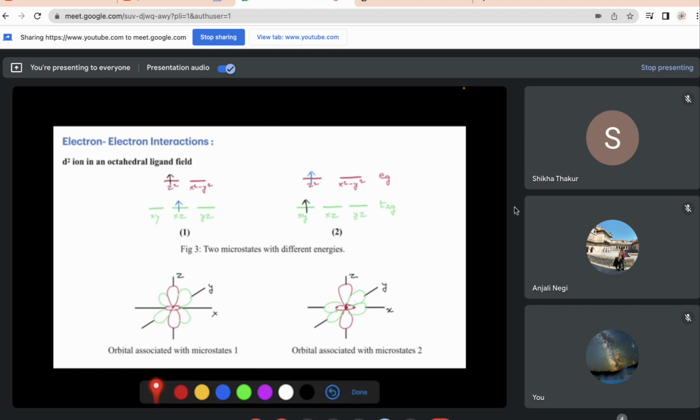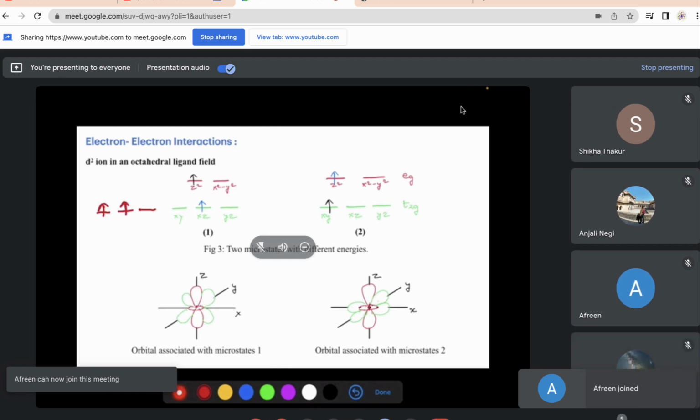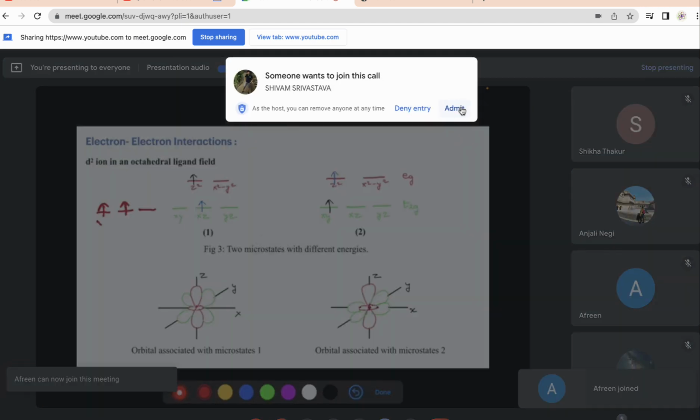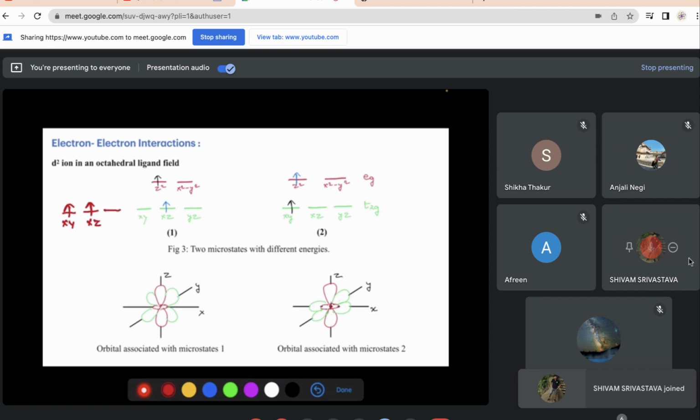For example, this one is shown for the excited state of the same D2 ion, but when it was in the ground state, these two electrons can be in any two orbitals of T2G, for example, XY and XZ, or XZ and YZ, or XY and YZ.